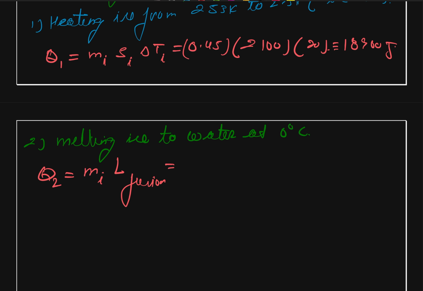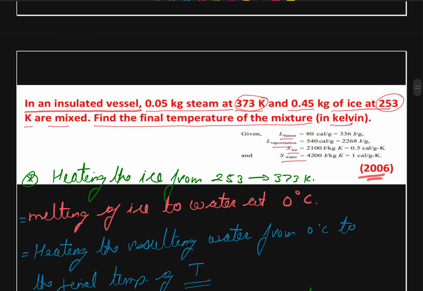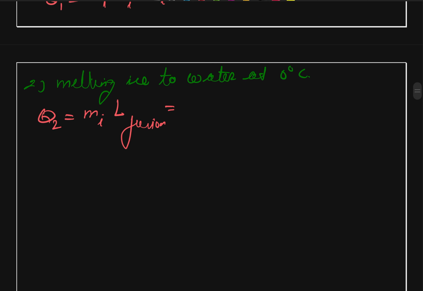So we have this, it is given to us as 80 calorie. Both joules and calories are given, so it doesn't matter. So we can say this is 450 grams multiplied by 336.